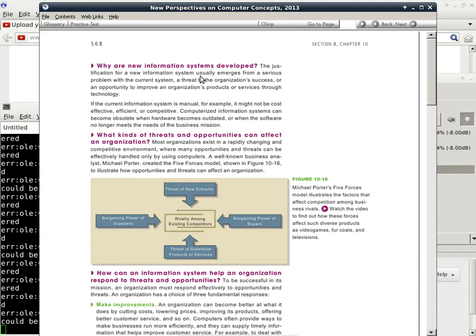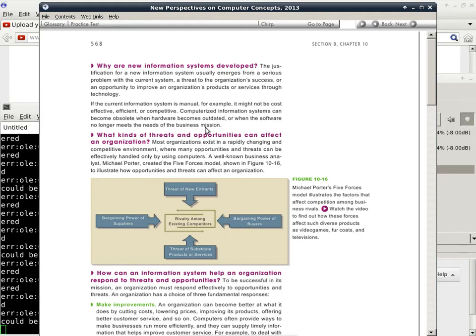So if you have an old information system based on DBase 3, you will find that your information system is no longer competitive. Your competitors have better stuff, and they can outcompete you. That's one reason why some corporations will want to have a new information system. Are there any questions at this point?